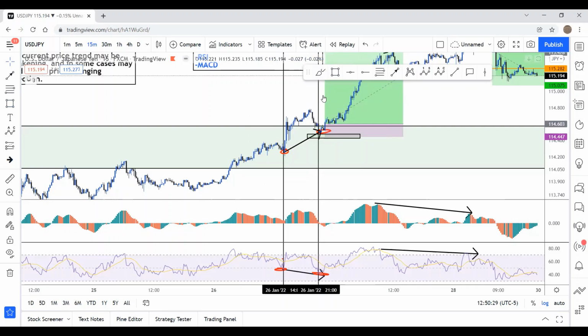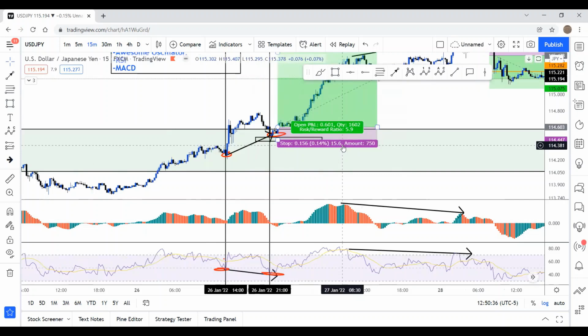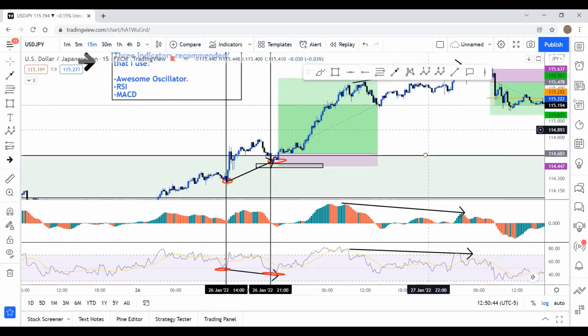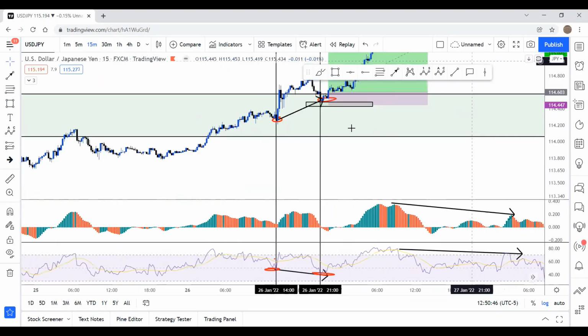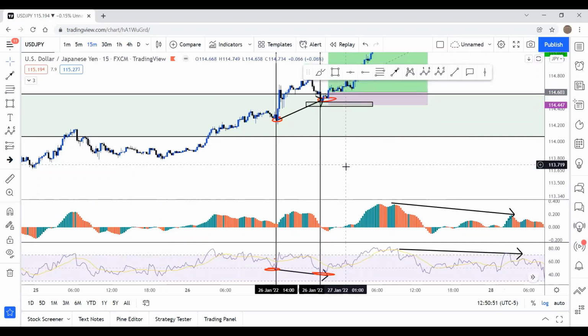If we move this out of the way again, you can see that price came to that 618 and then reversed. So this is how you use divergence with confluence of other things, using the fib retracement, using structure, to take that setup to go long. We can look at candlestick patterns coming off that area and combine everything together on your checklist.